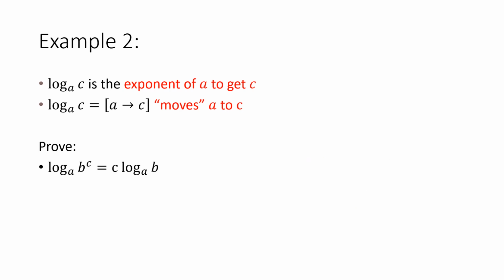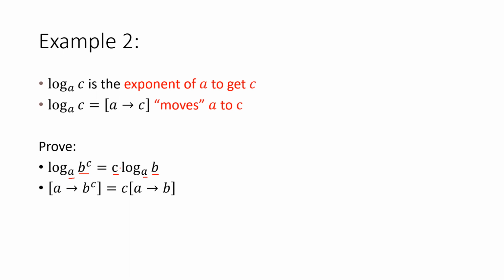So, by using this new notation, let's now prove that log base a of b to the c must be equal to c times log a of b. Well, by using the new notation, we get that.